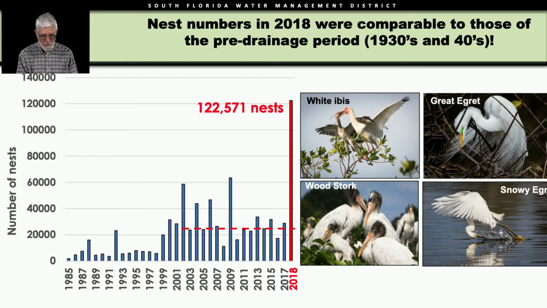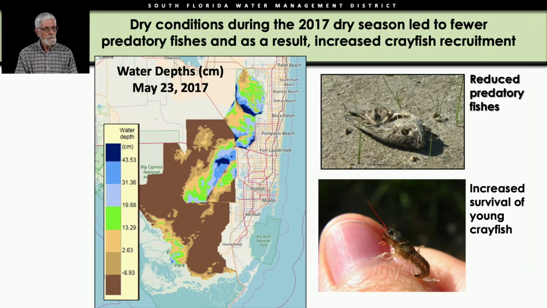And it's important to realize the relationship between nests like this and the hydrology of the system. Here we're saying that the dry conditions during 2017 led to fewer predatory fish and, as a result, increased crayfish recruitment. Everyone likes to eat crayfish, and if you're from Louisiana, crawfish.